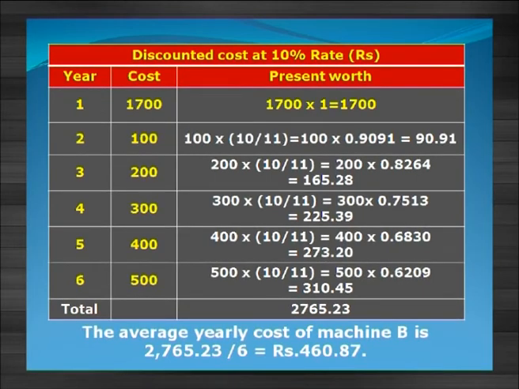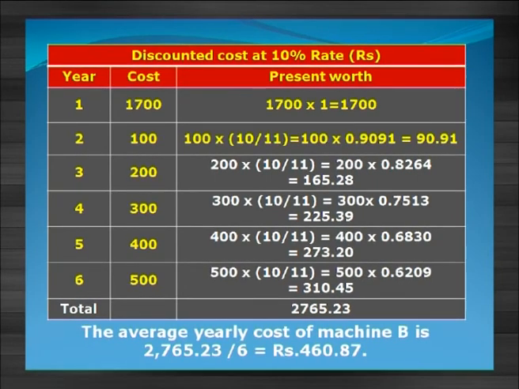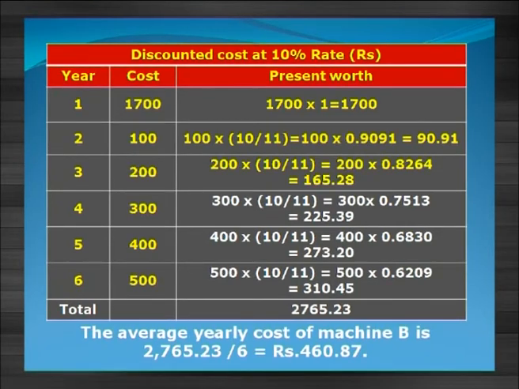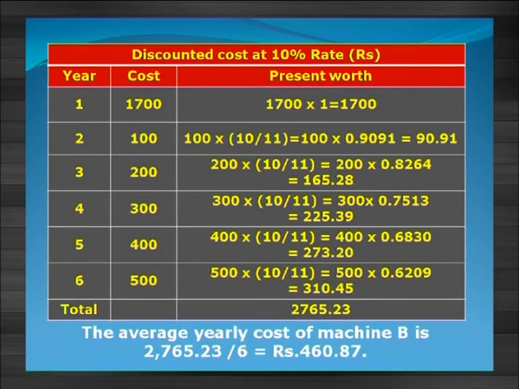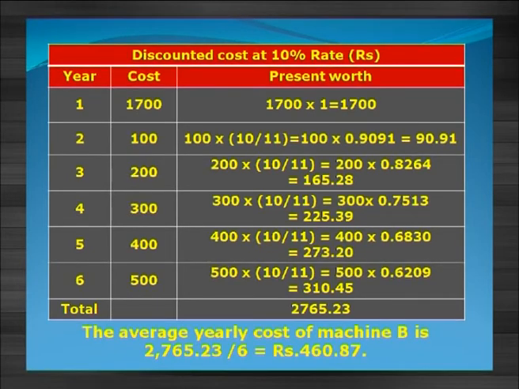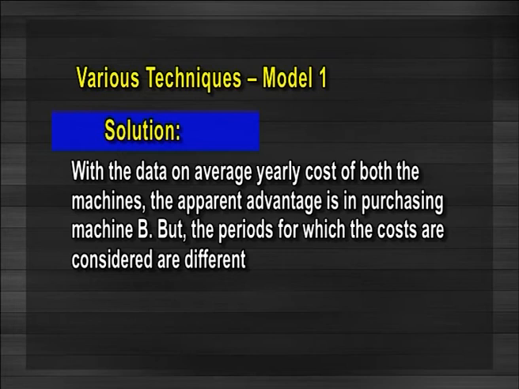We get the values as 1790.91, 165.28, 225.39, 273.20 and 310.45, which gives a total of rupees 2765.23. The average yearly cost of machine B is rupees 2765.23 by 6, which is equal to rupees 460.87.